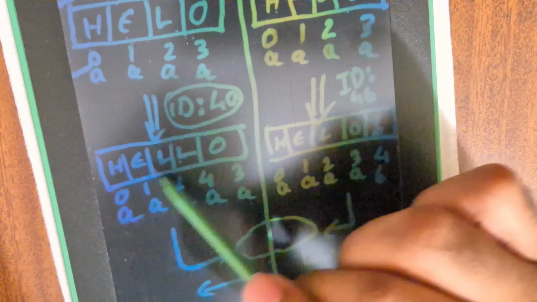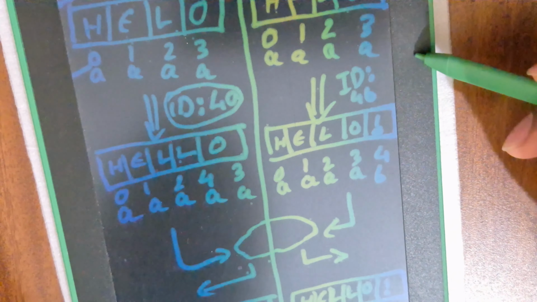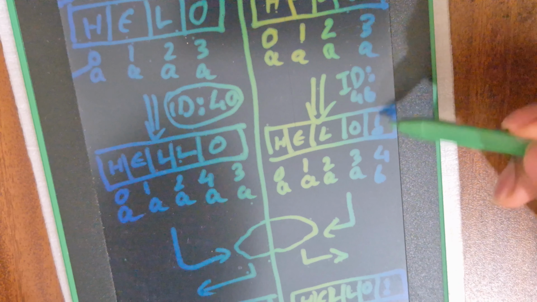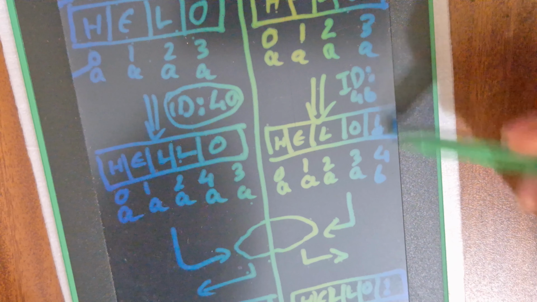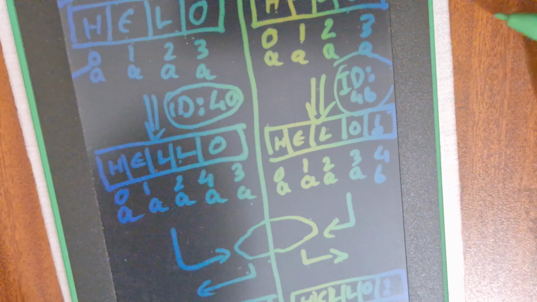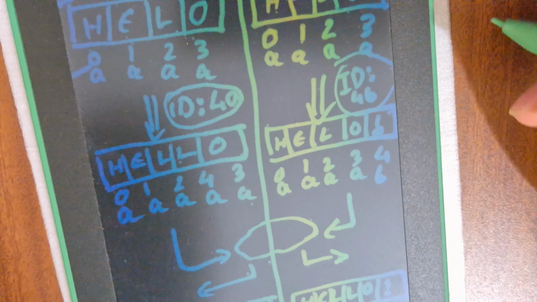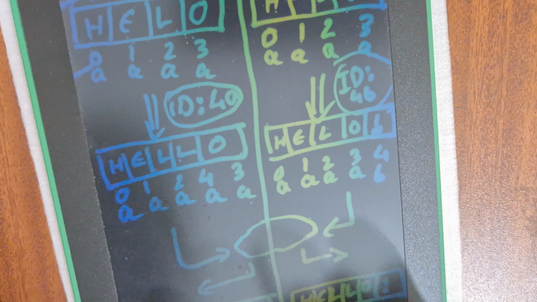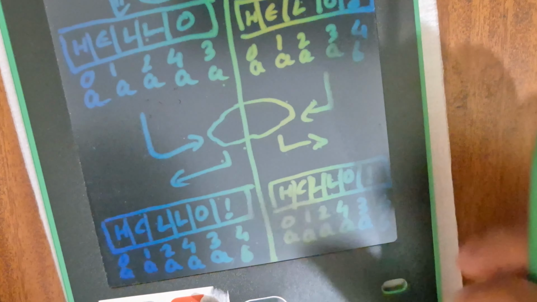So it becomes HELLO. At the same time, we are writing an exclamation mark at 4B. So we are writing 4B after 3A. Remember, 4B after 3A. Now they started syncing with each other.